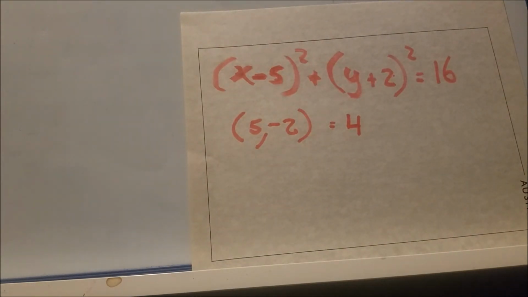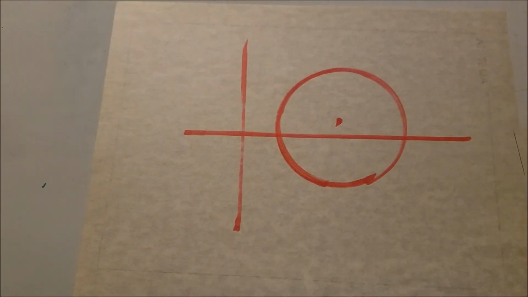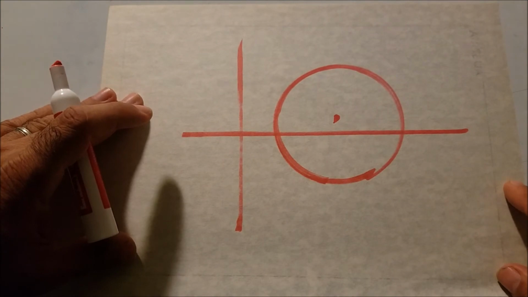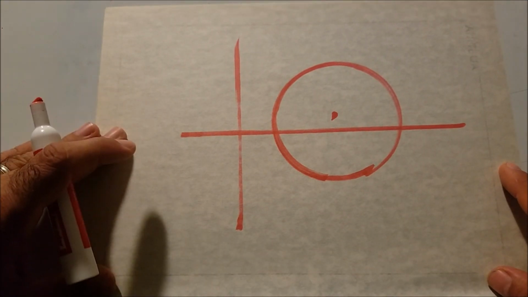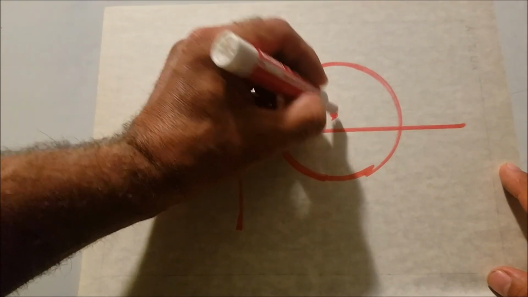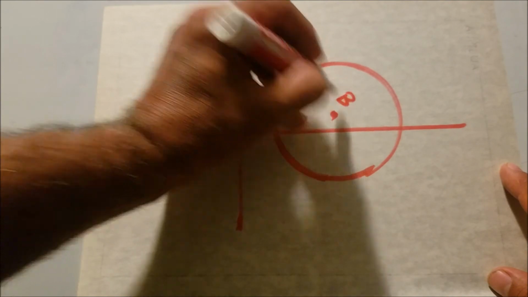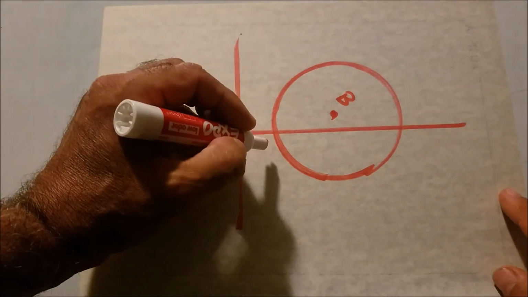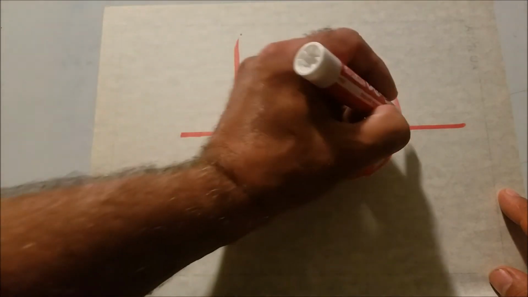Now let's look at a question with the midpoint, that we can use the midpoint formula. All right, so let's look at a question that we'll see on the SAT. And this is using the midpoint formula. So let's say that dot right there, we'll just call it B. Why not? And that's the center of the circle, let's say. And let's say we have points on the x and y plane.